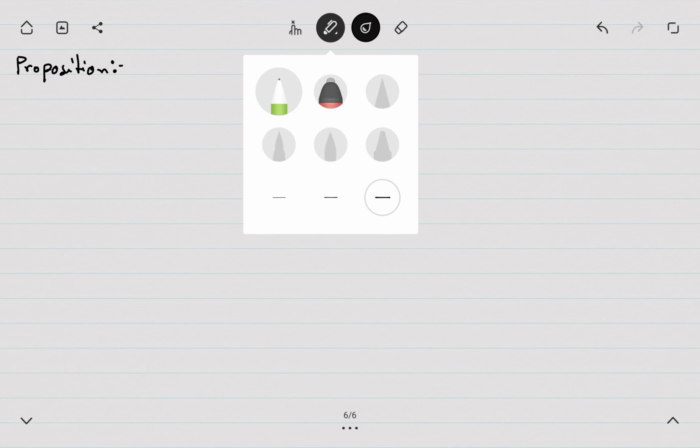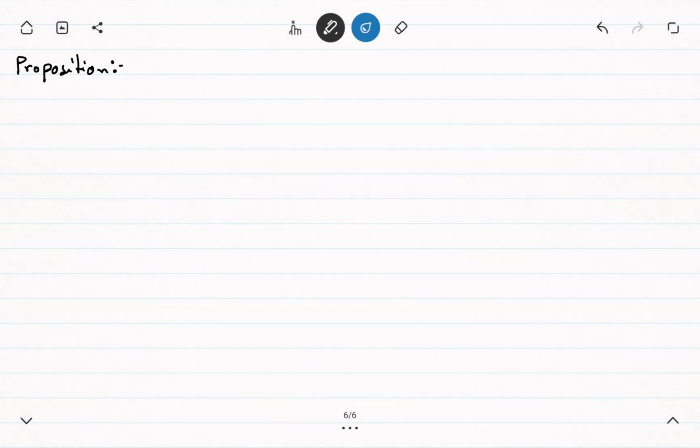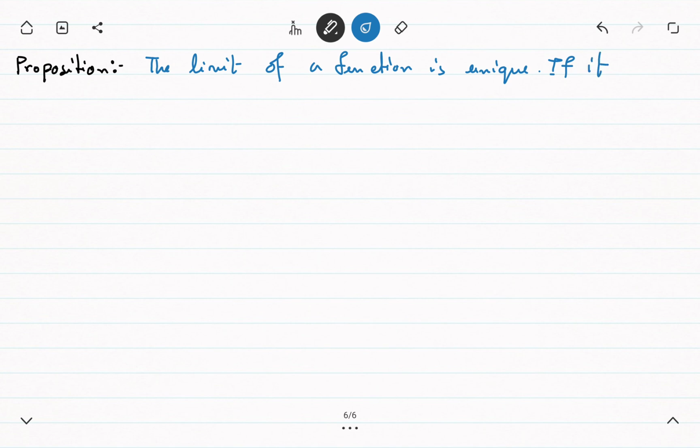So the proposition is: the limit of a function is unique if it exists.